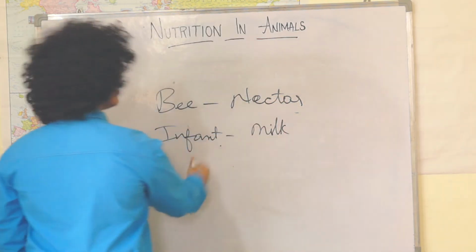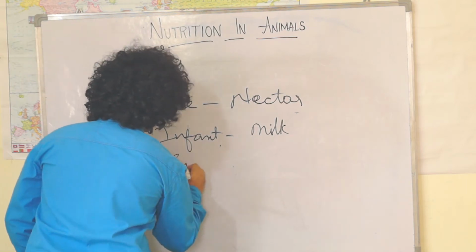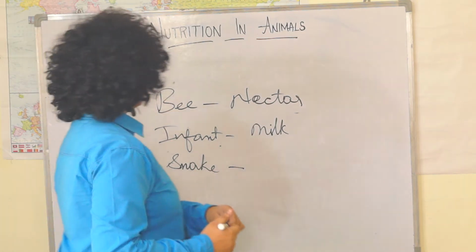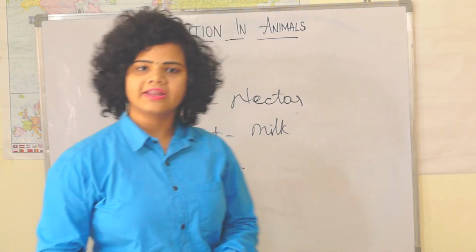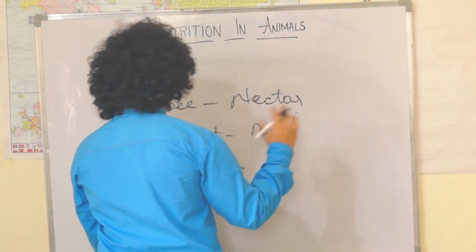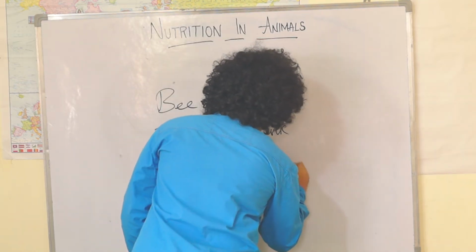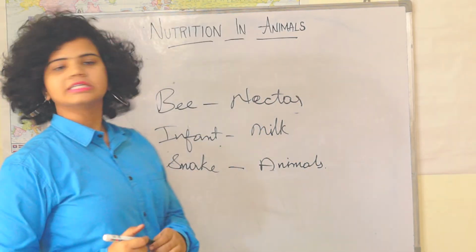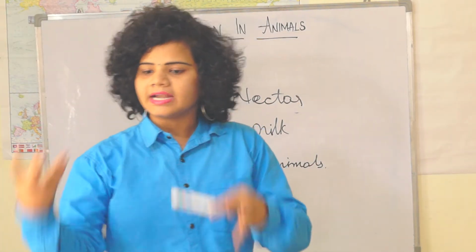And the second one, you have the infant. The mode of nutrition for the infant is taking milk from their mothers.